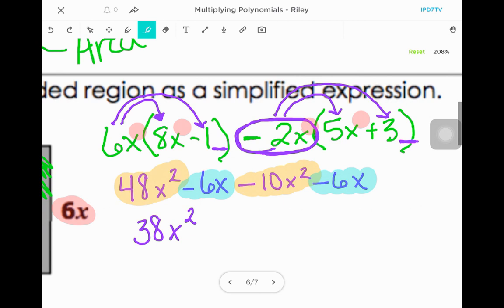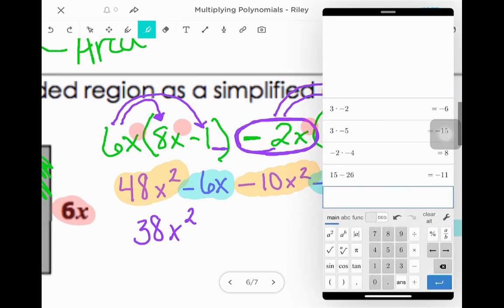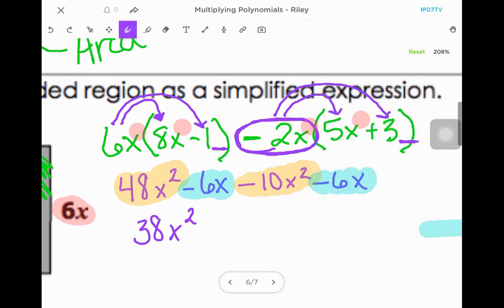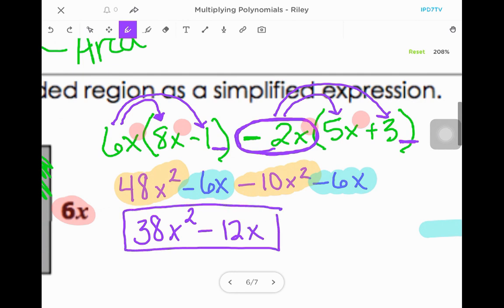Now some of you might say that's 0, and I would caution you to be careful. Negative 6 minus 6 is negative 12. Negative 12x. And here is your answer. This is your area of what's left.